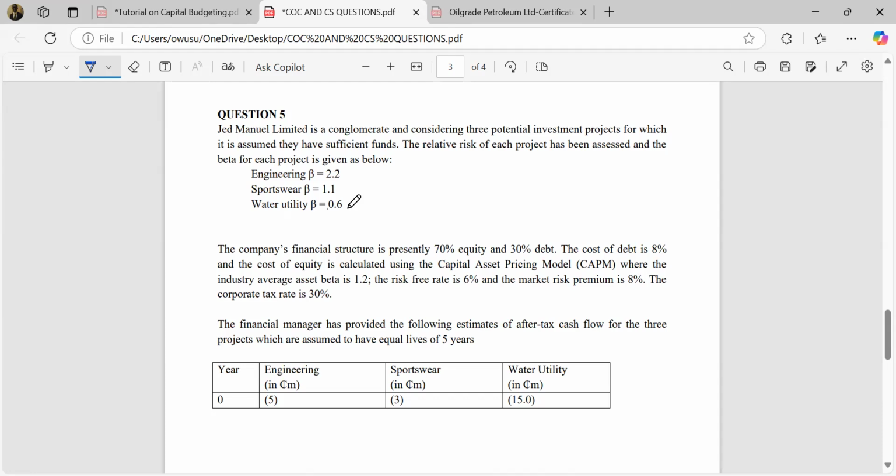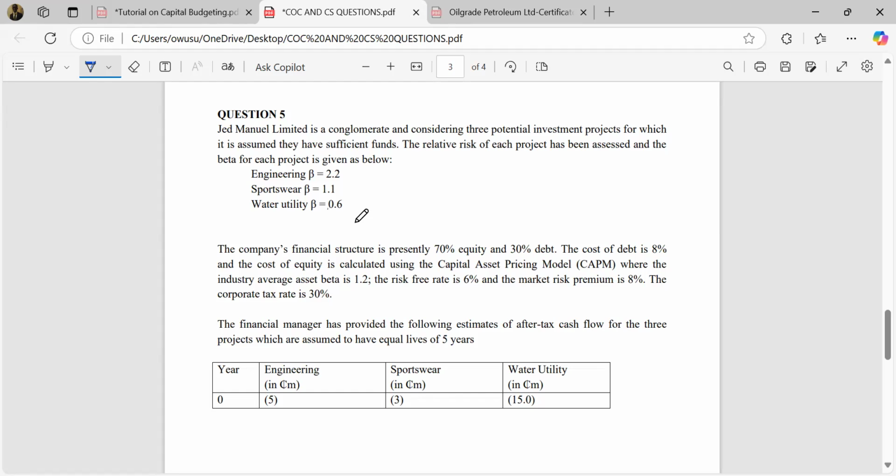Because of the debt component in it. Good. But the fact that there is a debt component does not mean you should calculate a geared beta, because the firm is already geared before this beta. So this beta here is a geared beta already. All the betas here are geared because that is the financial structure of the firm.